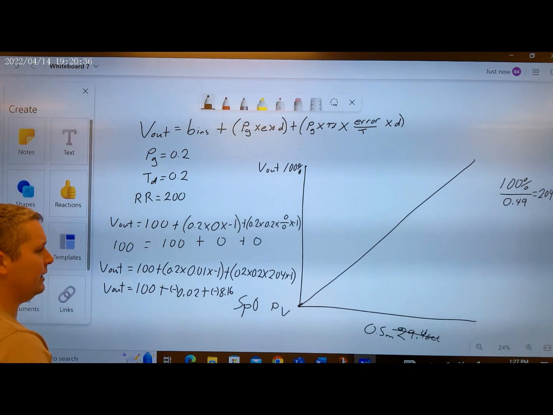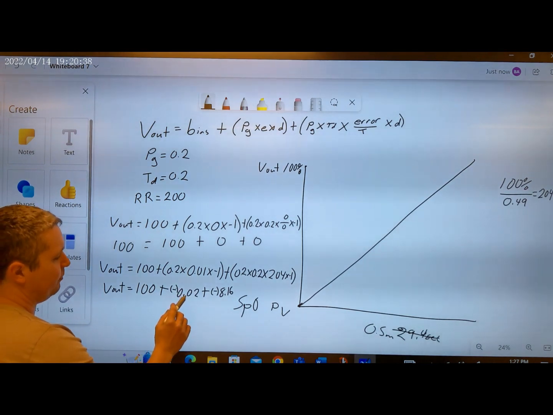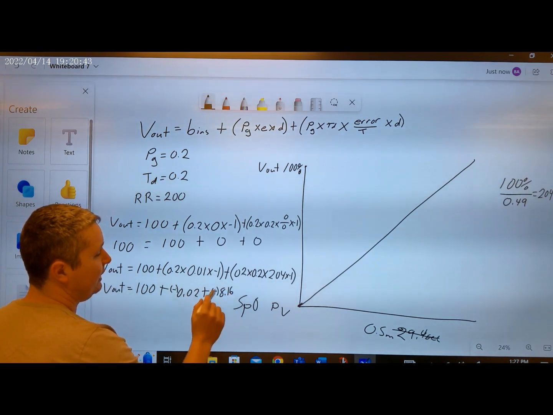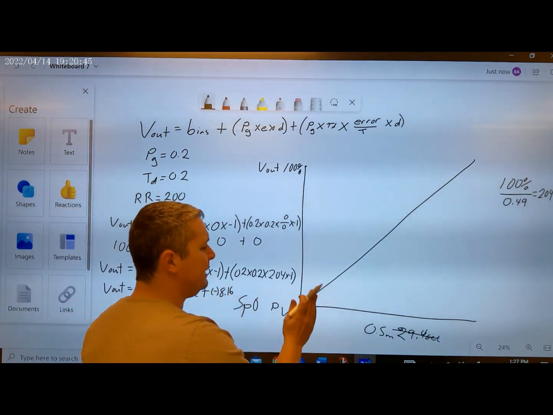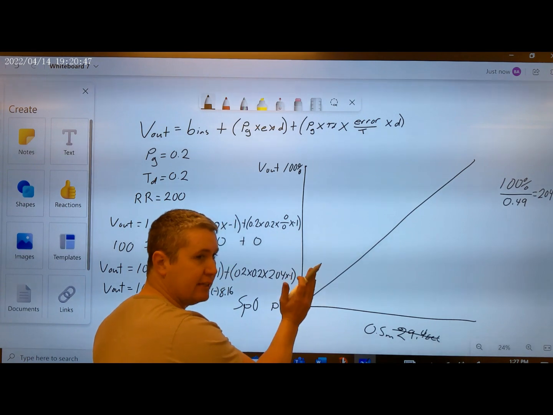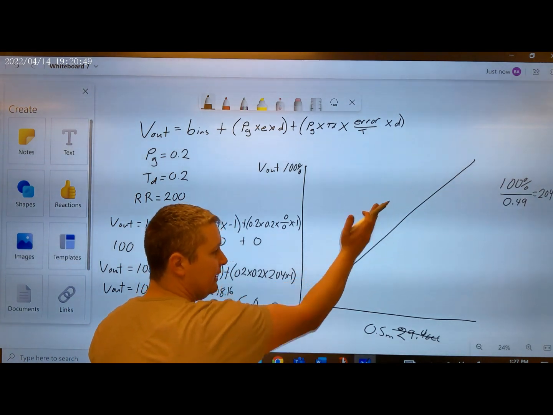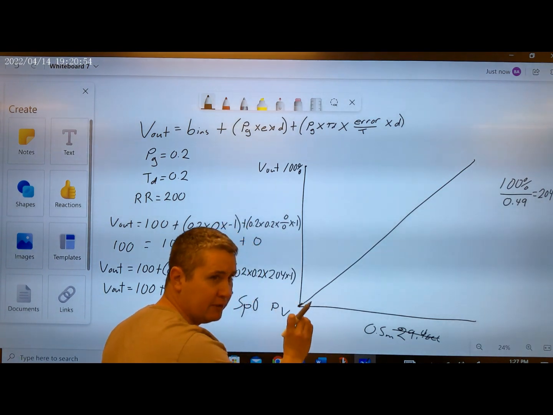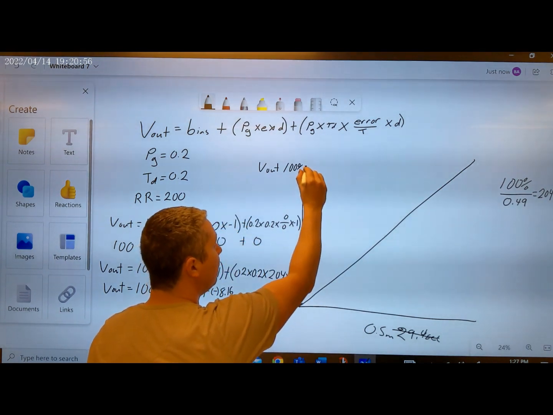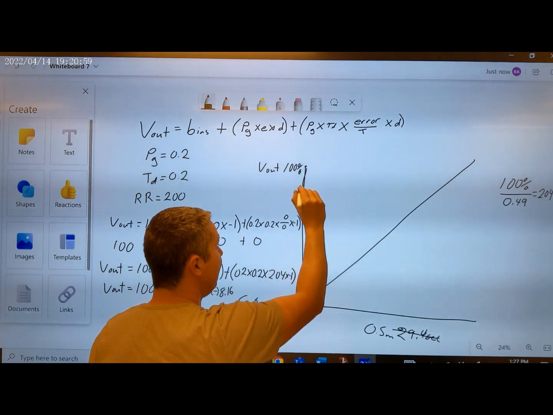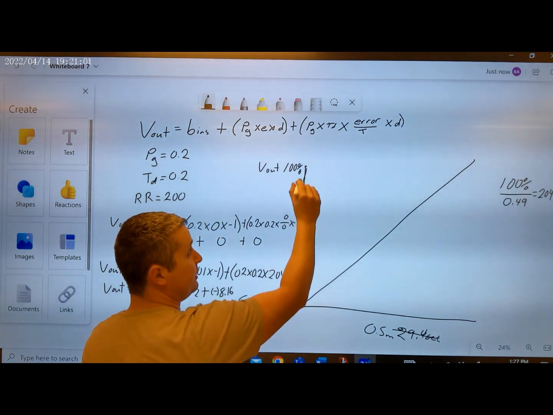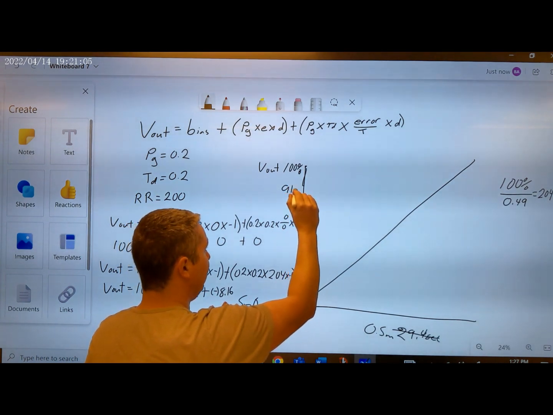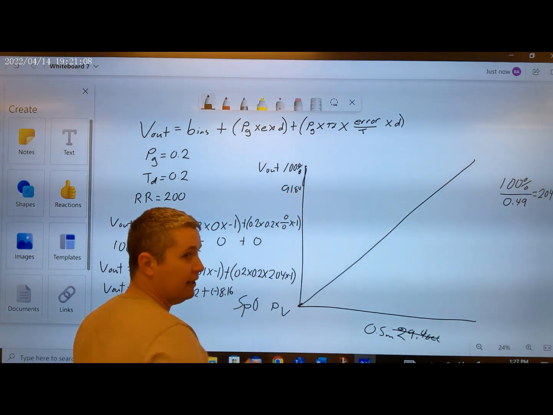Okay, so with the negative 0.02, it would be minus 8.18. So immediately, as soon as the controller sees this ramp rate happen, it doesn't need to see the entire ramp rate. It sees it as soon as it happens. And it says, whoa, we're going to jump down 8.6. We're going to drop down to 91.84, right?